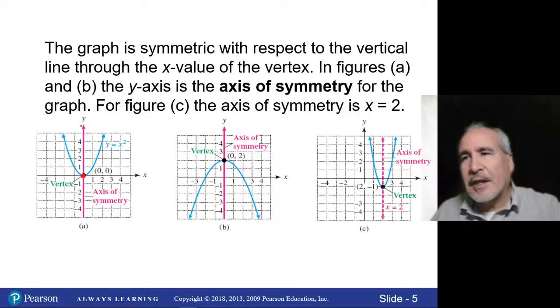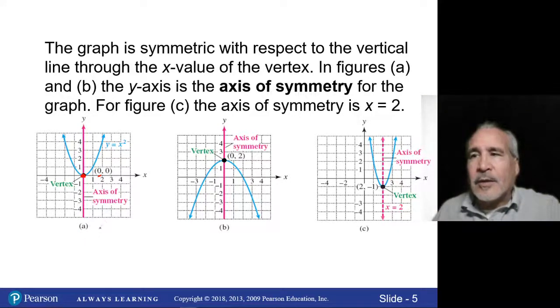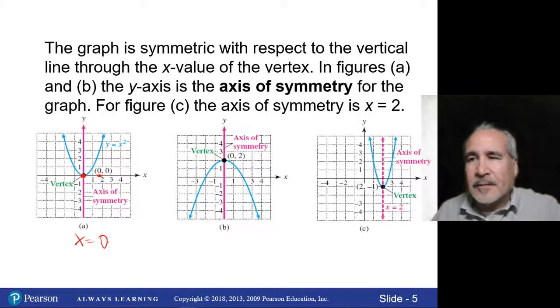So if you think of the axis of symmetry like a mirror, on one side the other side is exactly the same. The axis of symmetry always goes right through the vertex. So if you know the x coordinate of the vertex, you know the axis of symmetry. The axis of symmetry always has the equation x equals the x coordinate of the vertex.